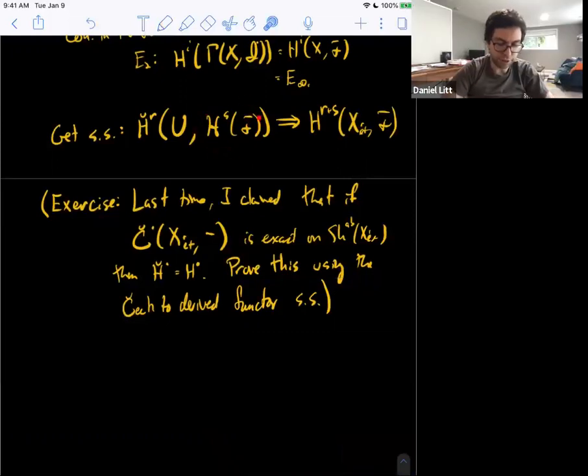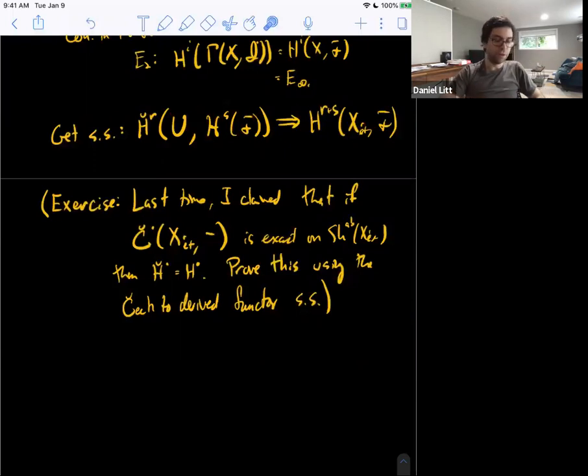This is the presheaf that associates to a cover of X the derived functor cohomology of that cover. So it's computing the étale cohomology, but still in terms of derived functor cohomology.